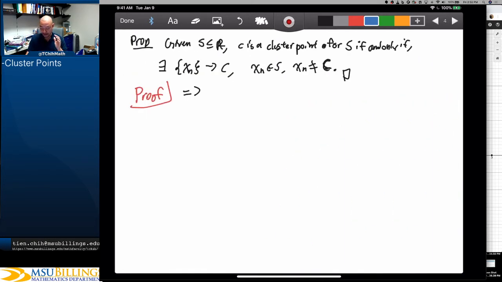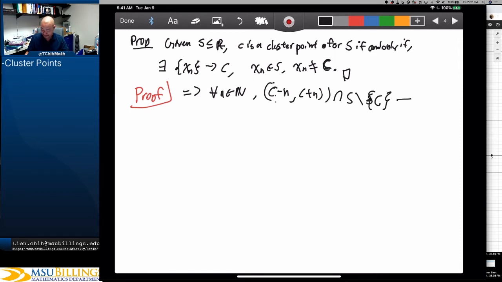So let's incorporate all of that into this proof here. For every natural number n, we know that (C minus n, C plus n) intersect S, delete C, that whole thing is not empty, right?